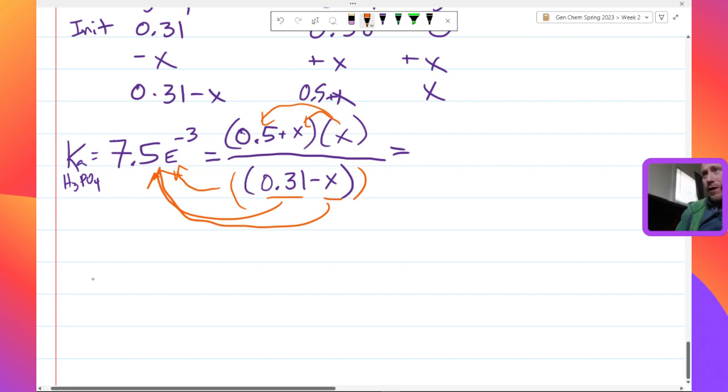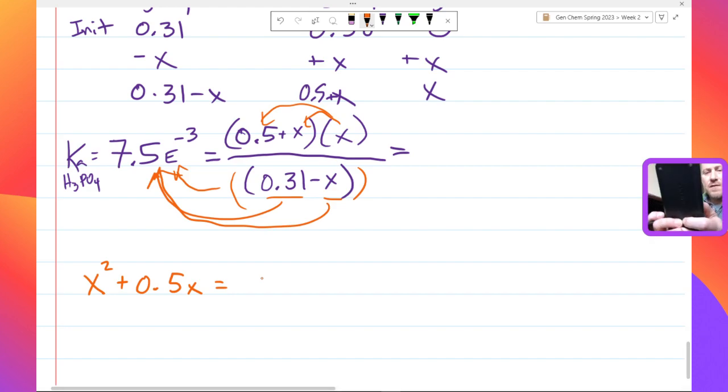So I always like to get my x squared on one side, so I'm going to flip the sides. X squared plus 0.5x is going to equal 7.5 times 10 to the minus third times 0.31, which I entered incorrectly apparently. Let me try that again. 7.5 times 10 to the minus third times 0.31.